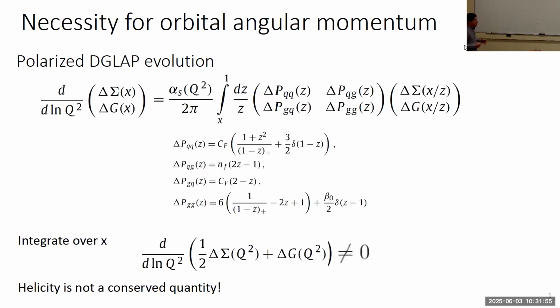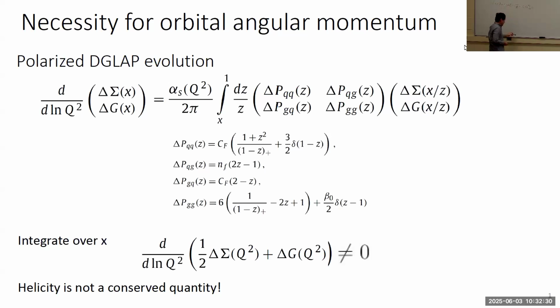So here's a quick explanation of why we need orbital angular momentum. Why we cannot neglect it is actually obvious from the DGLAP equation. Delta sigma of x is basically the flavor singlet part of the polarized quark and anti-quark distribution.